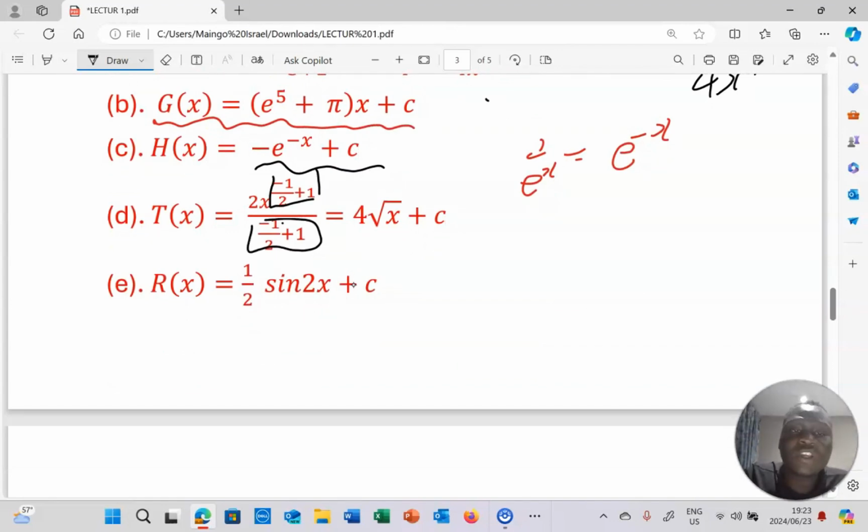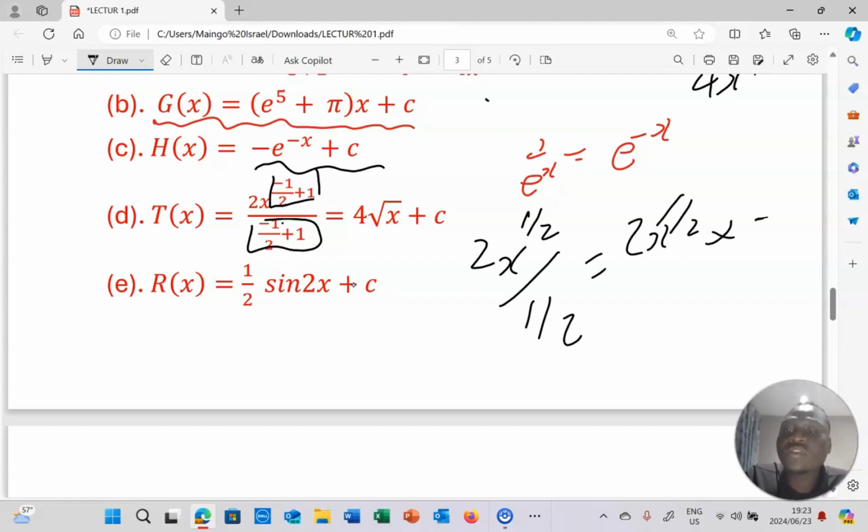Simplifying, we get 2x to the power minus 1 over 2 plus 1, which is 1 over 2, over 1 over 2, which is 2x to the power 1 over 2 times 2. Divide changes into multiplication, then we interchange denominator and numerator. So this will be 4 x to the power 1 over 2, which is 4 square root of x. So that's how we do this one.